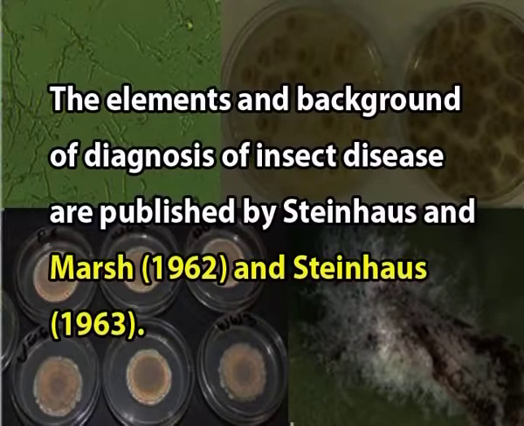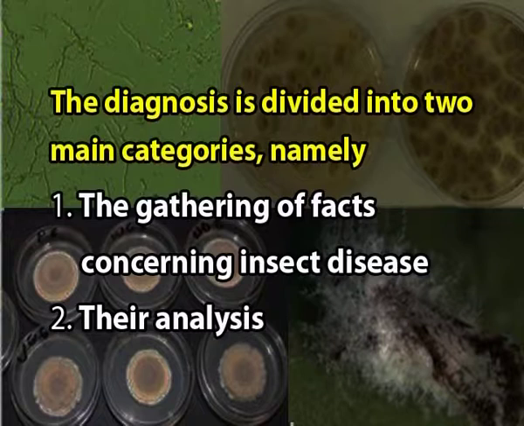Steinhaus in 1963 described the diagnosis of insect diseases as one of the most important and complex branches of pathology. The elements and background of diagnosis of insect disease were published by Steinhaus and Marsh in 1962 and Steinhaus in 1963. The diagnosis is divided into two main categories, namely the gathering of facts concerning insect disease and their analysis.